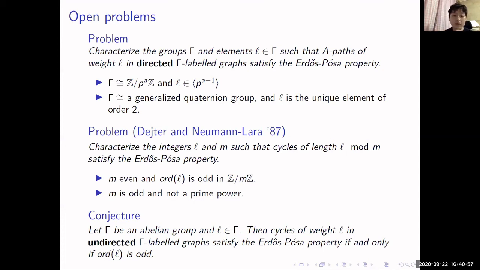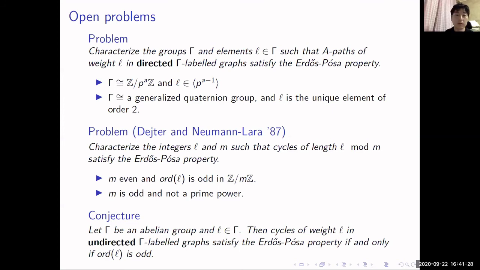I also have one question. Because we had a very similar work on undirected labeling recently, have you thought about half integrality for some cycles? Yes. Without the Erdős-Pósa property? In undirected group label graphs, in all groups, the non-zero cycles satisfy the half integral Erdős-Pósa property.